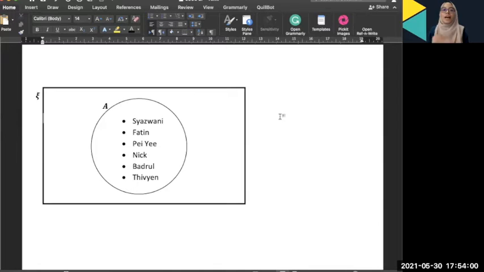So what happens to the other students that are not listed in set A? Yes, they will be written outside the circle but still within the rectangle. So here are our elements for the complement set. And we're done with that diagram. I hope everyone understands how to determine the set, the complement set, and also the Venn diagram.